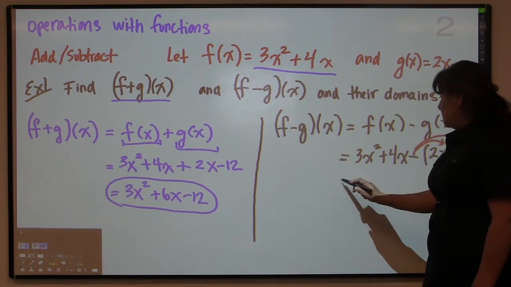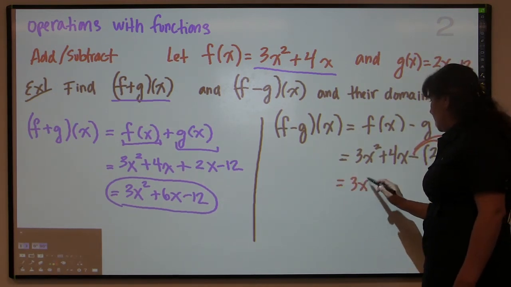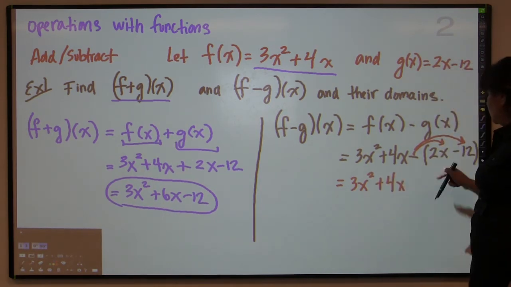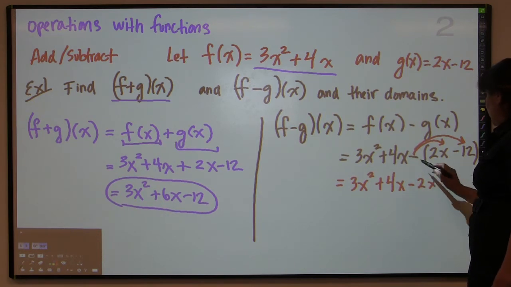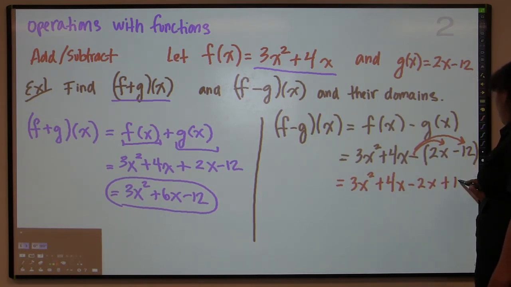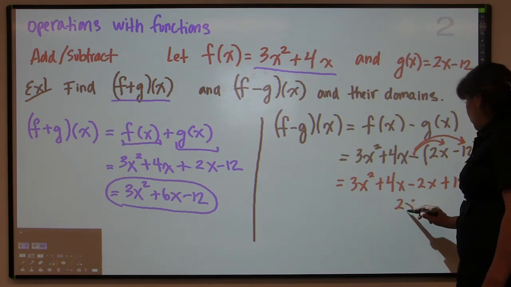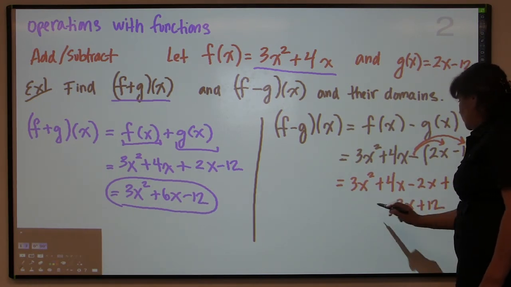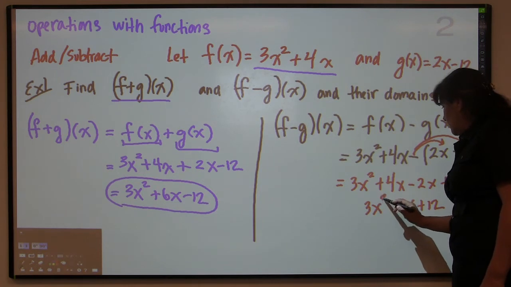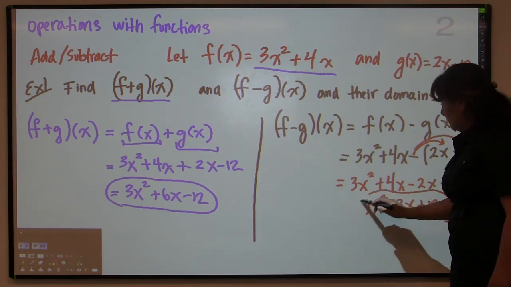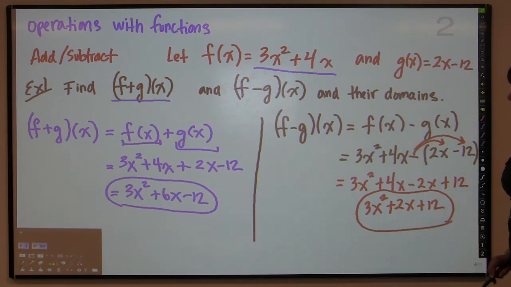So when I do that, I'm just going to rewrite this first portion, 3x squared plus 4x, and now I'm going to get minus 2x, and then negative times negative is a positive 12. And I can combine 4x minus 2x, which is going to be 2x. So I have 3x squared plus 2x plus 12, and this is the subtraction of the two functions.